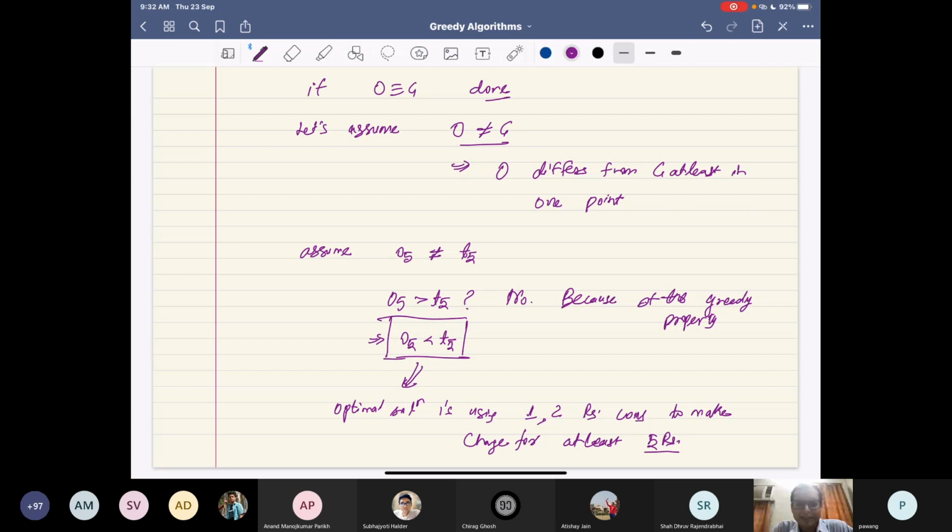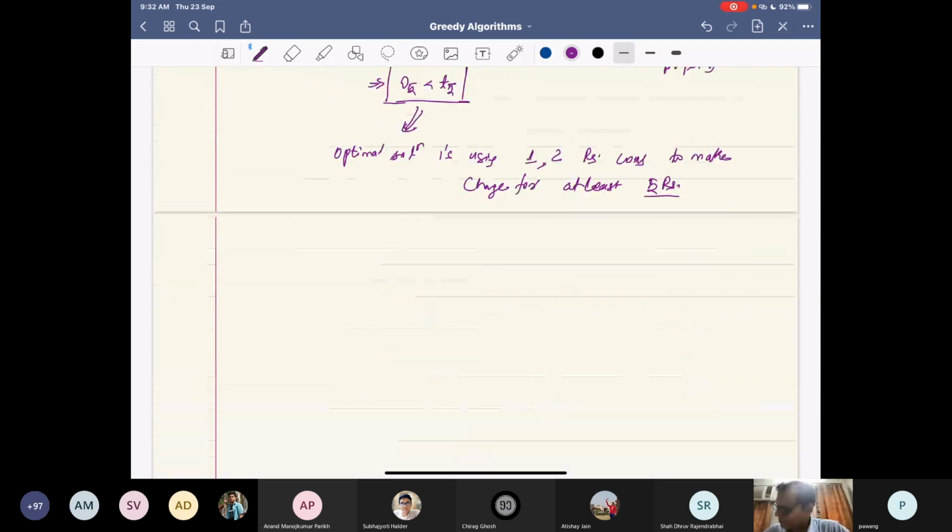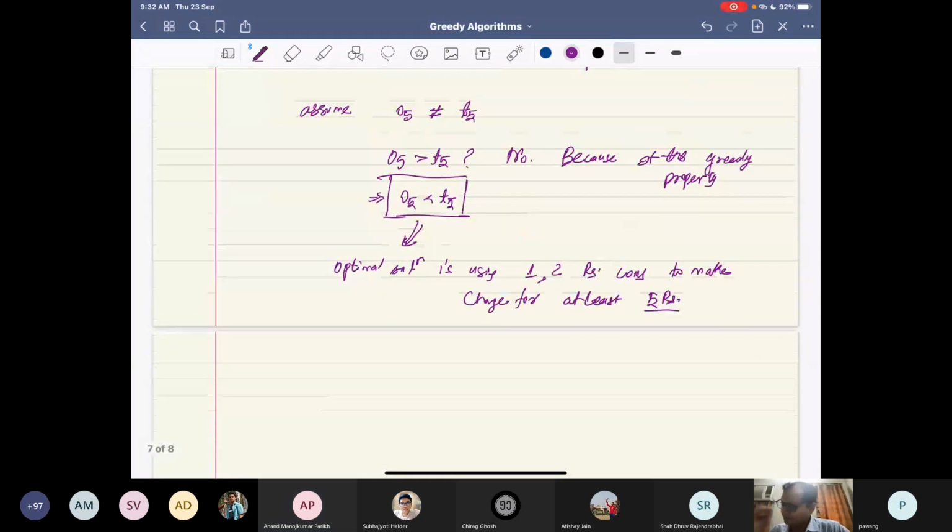Right? So at least for 5 rupees, the optimal solution is using 1 or 2 rupee coins. Can I say that? Yes, sir. Right.